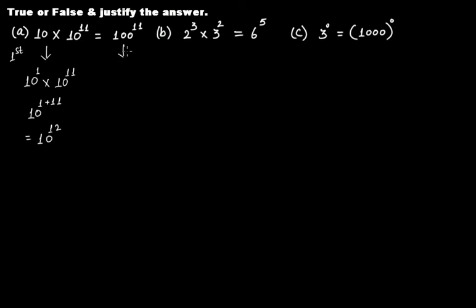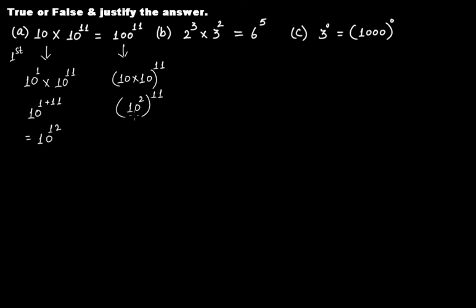In this case, this is 100 to the 11th power. You have to first convert it into a base of 10. So this 100 can be written as 10 times 10, and this is to the 11th power. Now 10 times 10 can be written as 10 to the second power, and this is to the 11th power.